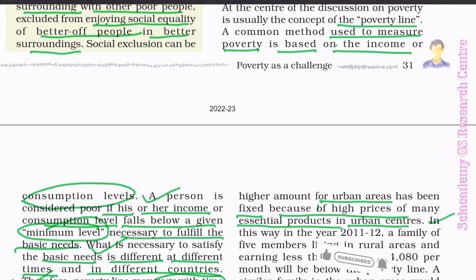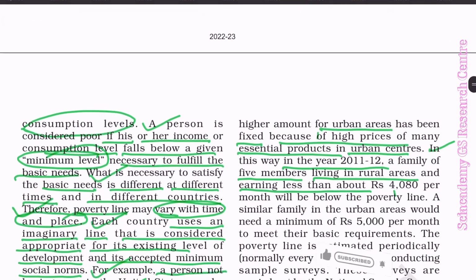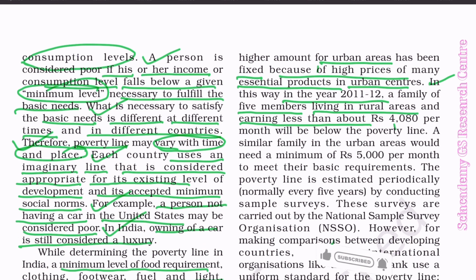In this way, in the year 2011-12, a family of 5 members living in rural areas and earning less than about rupees 4080 per month will be below the poverty line. A similar family in the urban areas would need a minimum of 5000 per month to meet their basic requirements.